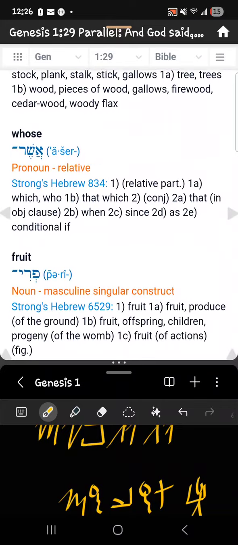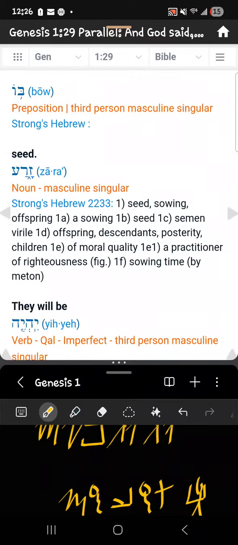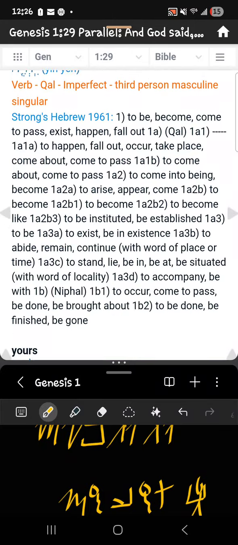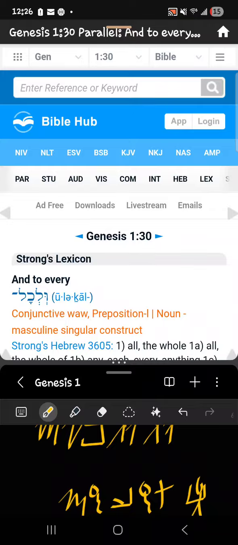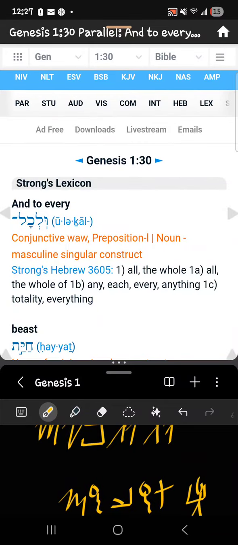Every tree whose fruit contains seed, they will be yours for food. Tell me why the fruit these days don't have no seeds in it. Should we eat it? What's the alternative?